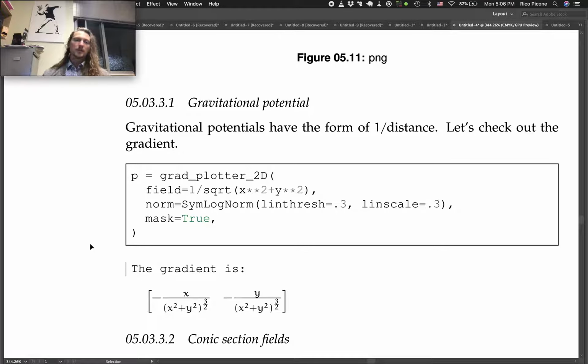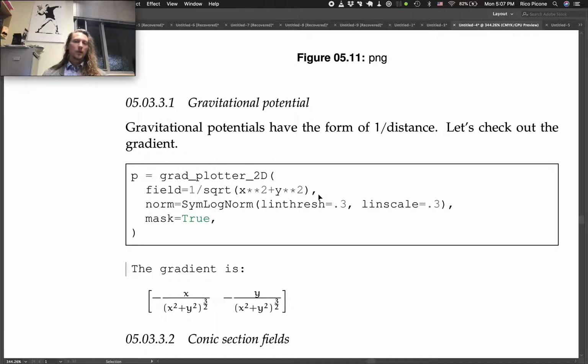The gravitational potential associated with, say, a large mass like a planet, we can plot as a function of distance away from the center. We take the field to be 1 over the square root of x squared plus y squared. That is the radial distance in the plane, right? So that'll be our gravitational potential field.